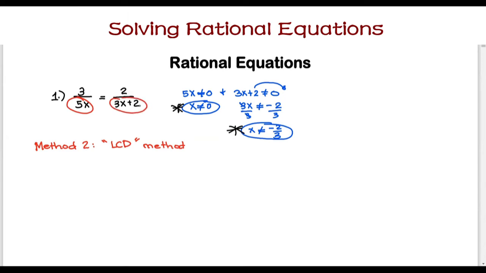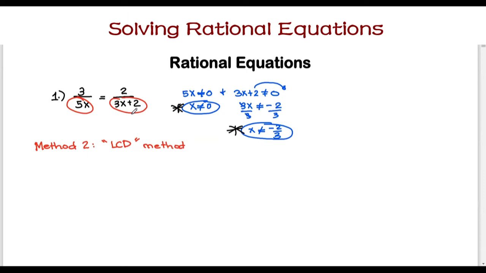Kapag napansin nyo na wala naman silang common factor, okay? Kasi ang 5x, it's 5 times x. Ang factors niya, 5 at saka x. Ang 3x plus 2, it is simply 3x plus 2 times 1. So, wala silang common factor.